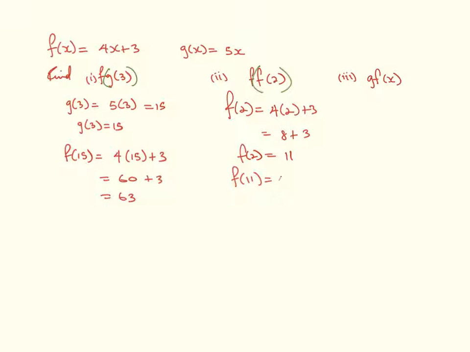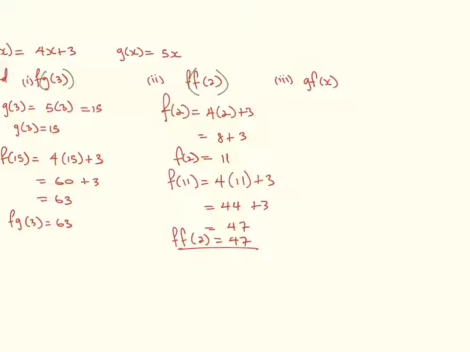So now I get 4 times 11 plus 3. That gives us 44 plus 3, and that gives us 47. And that one is done. Okay, so therefore ff of 2 is 47. All right, just the same way I forgot to write this one over here, fg of 3 is 63.